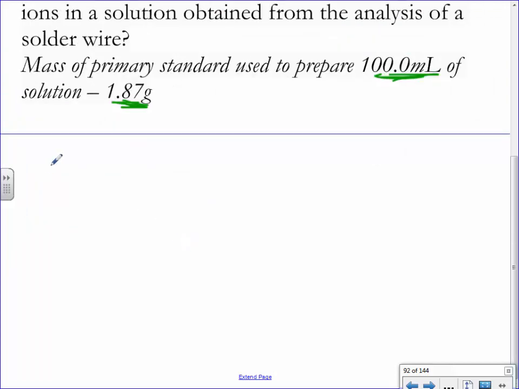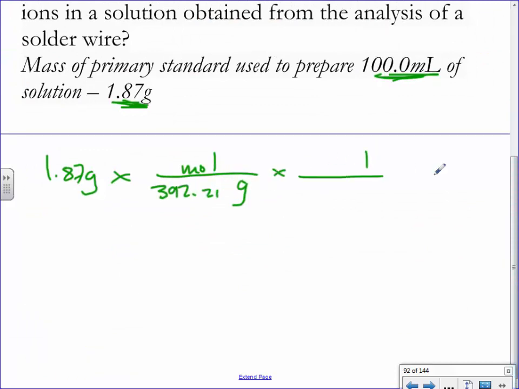It's going to look something like this. 1.87 grams multiplied by, really you're dividing by the molar mass of 392.21. And then when you divide that by 100 milliliters, you get this.